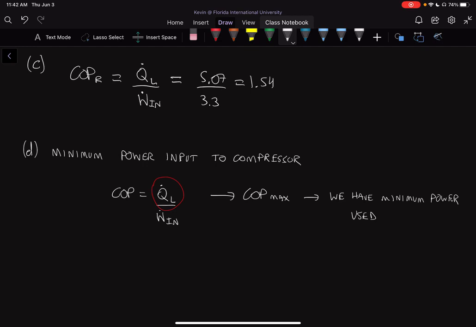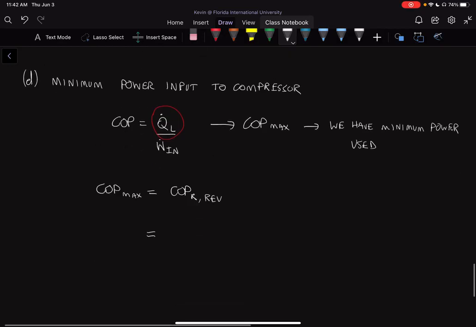So how do we do it? Well, this max COP of our system is actually equal to COP of the reversible refrigerator or Carnot refrigerator. So we know that COP max is equal to 1 over TH over TL minus 1. And we have the temperatures of TH and TL.